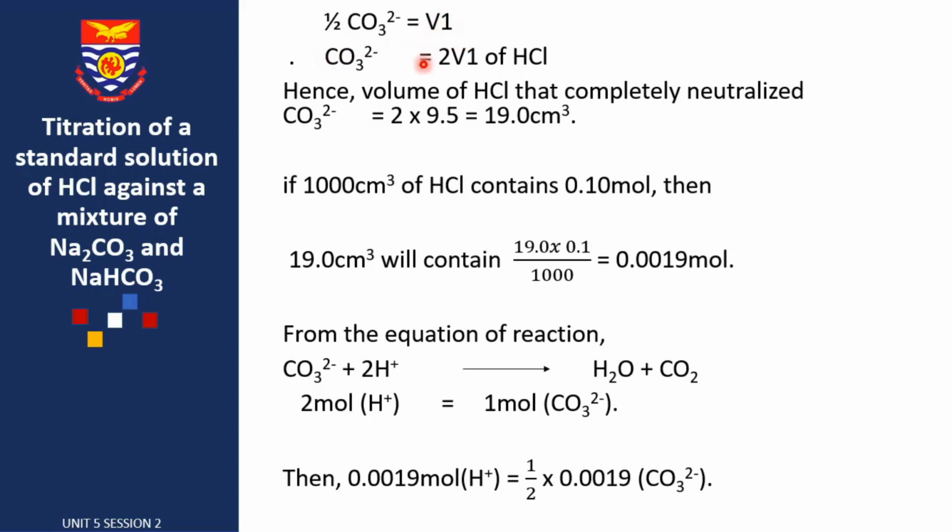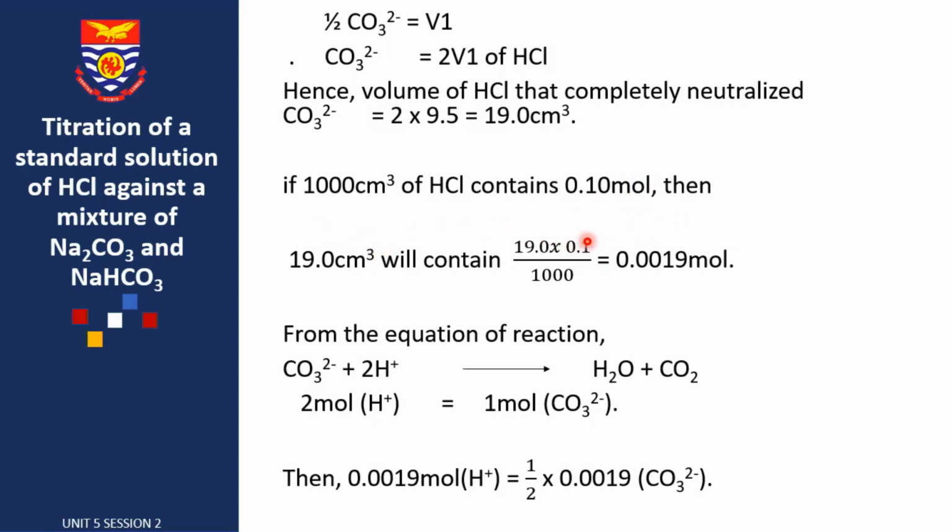To know the volume of the acid that would completely neutralize the carbonate ion, we need 2 times Phen1, and that gives us 19.0 cubic centimeters. This is the volume of the acid that completely neutralizes the carbonate ion. So we go to the concentration of the acid, given as 0.1 mole per decimeter cube.